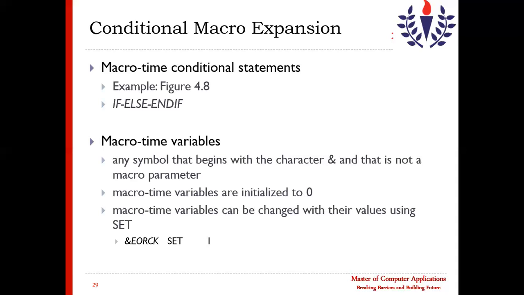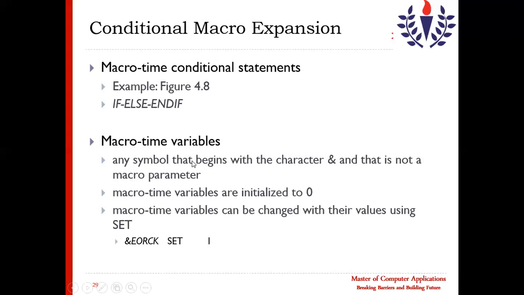Okay, by default all the macro time variables are initialized to 0, but later on, using the SET statement, we can set the values. One example is a variable that is set to 1.